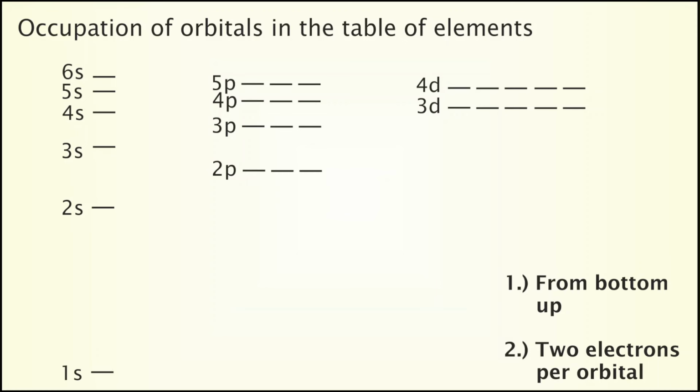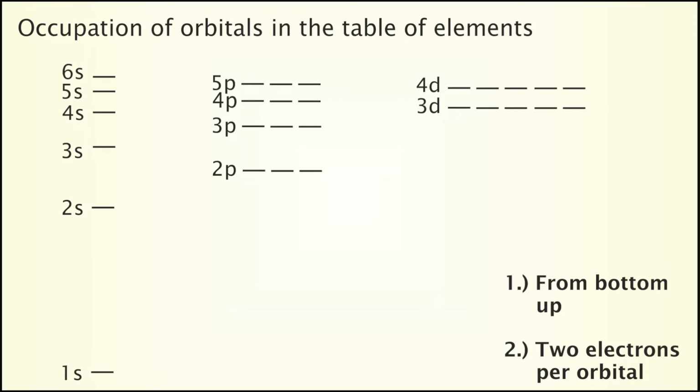And there are two rules which we have to apply for filling up the orbitals. First of all, you have to fill them up from bottom to top. So the orbital of lowest energy is occupied first. And second, you can have two electrons in one orbital.